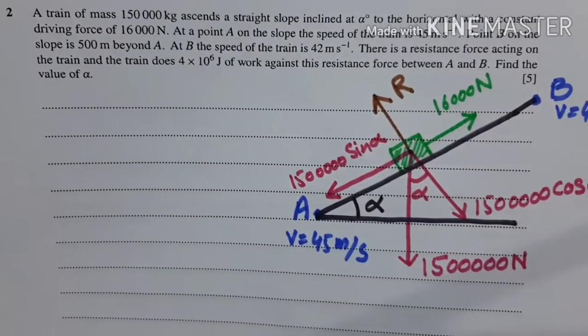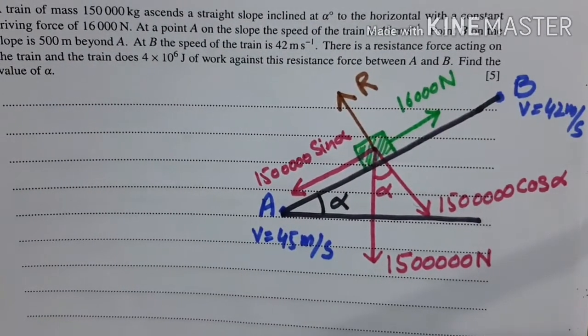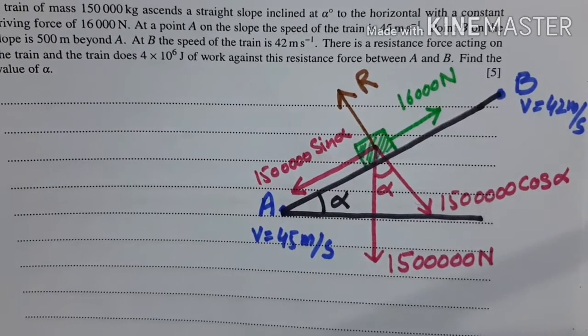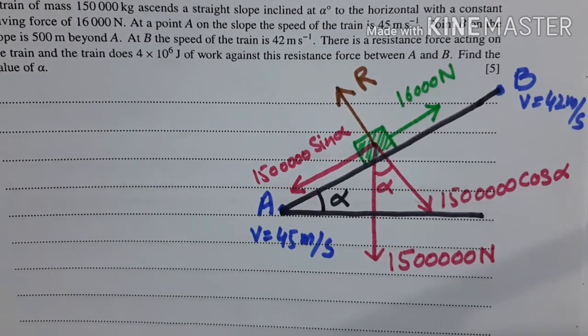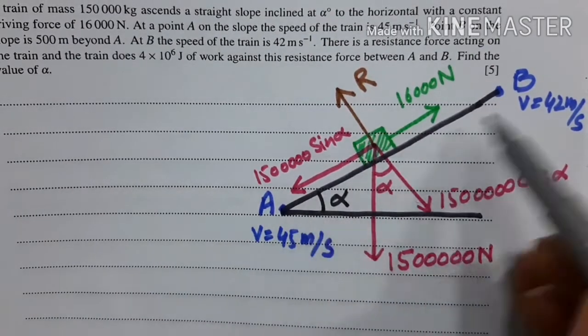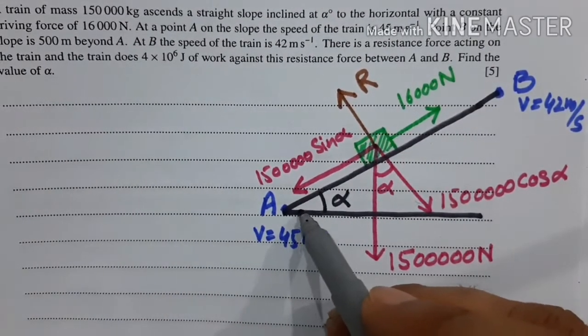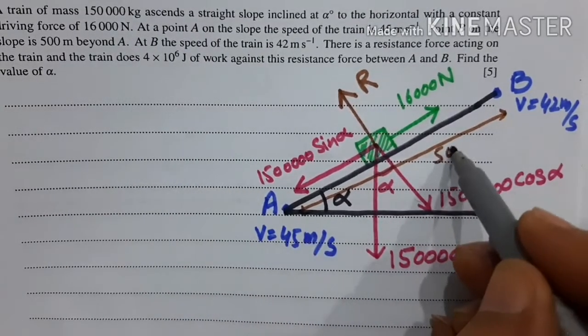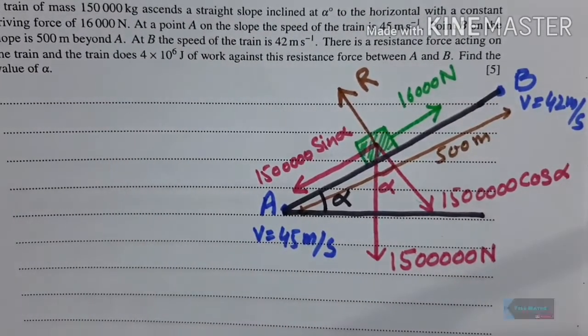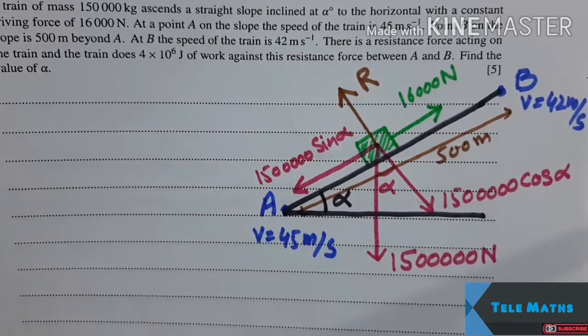So this is our vector diagram of the question. Now, the distance of this slope is actually 500 meters. This you should keep in mind.